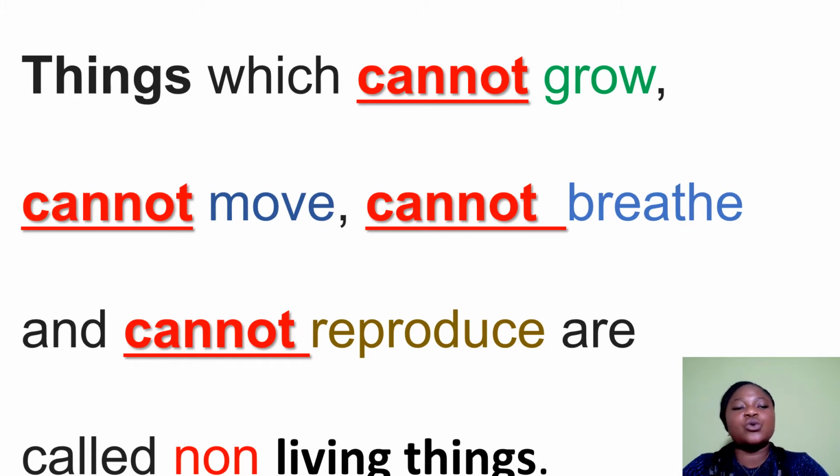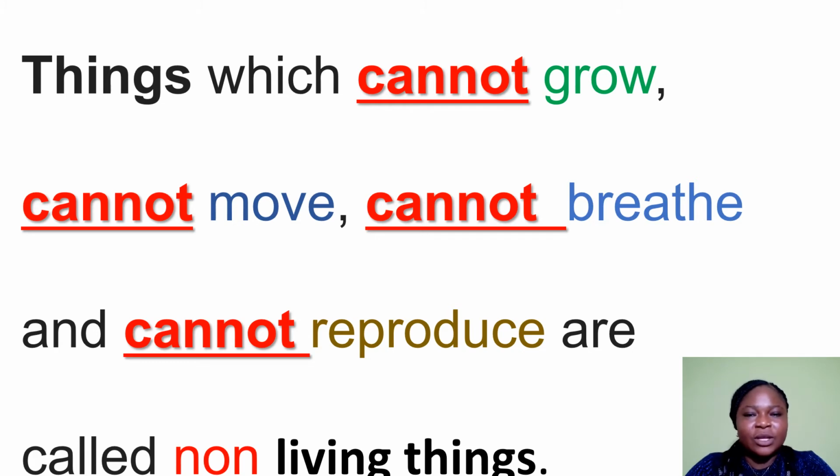Things which cannot grow, cannot move, cannot breathe, and cannot reproduce are called non-living things.